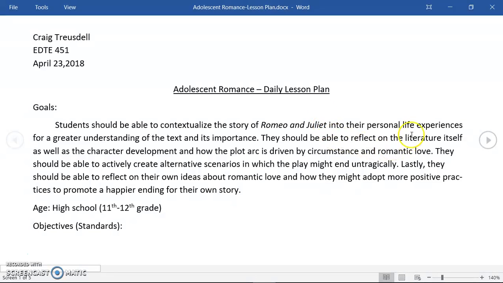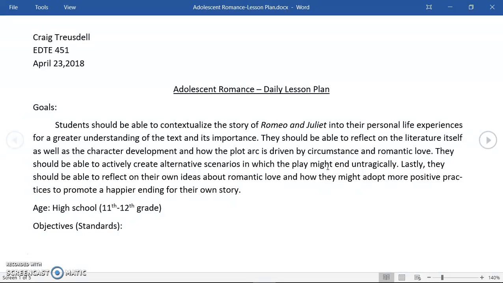So the lesson basically assumes that students have already read the story, they would already have been assigned it, and now they would reflect on how the characters and the development of the story is really affected by this love that Romeo and Juliet have for each other.